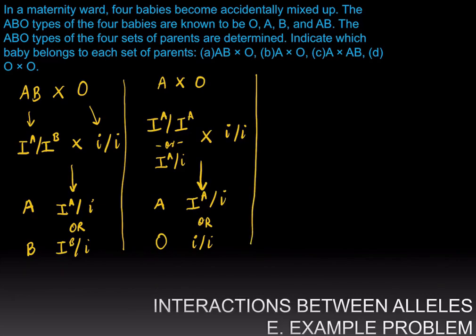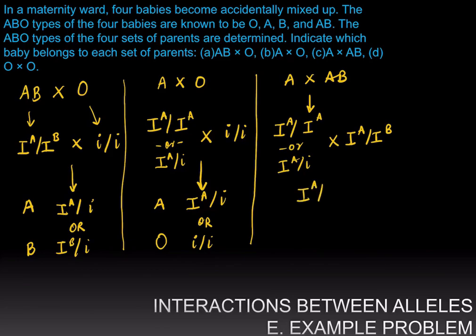Then in the third case, we have A crossed to AB, and that implies that we are crossing an IA over IA individual or IA over i to an IA over IB individual, and we have in this case a few different genotypes that are possible.